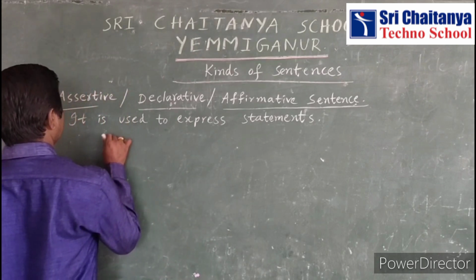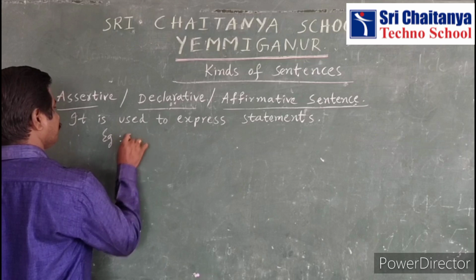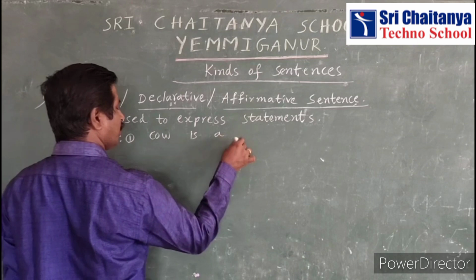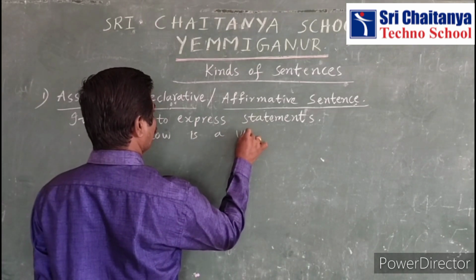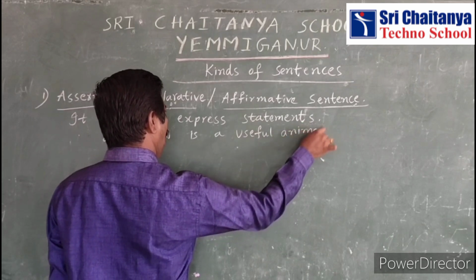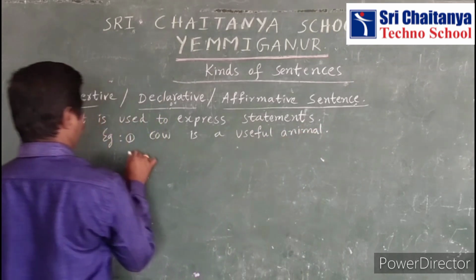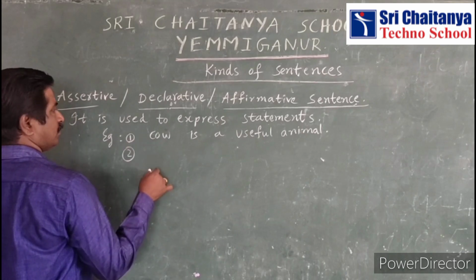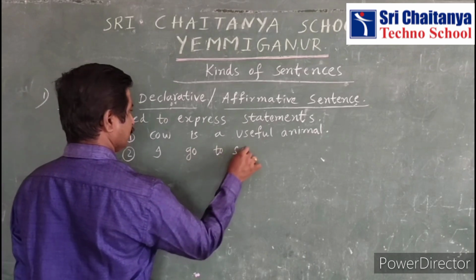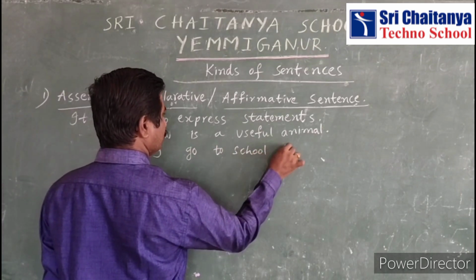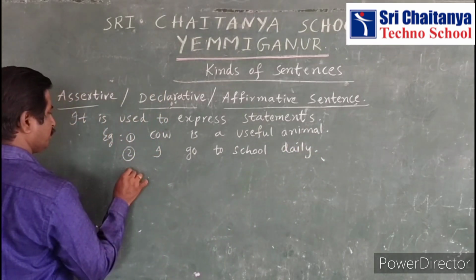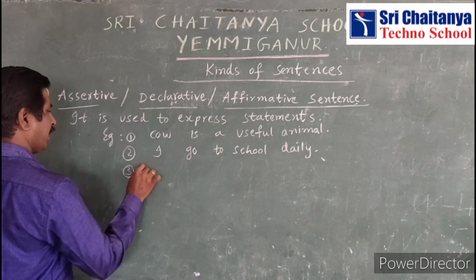For example, cow is a useful animal. Second example, I go to school daily. Third example, they play cricket in the evening.